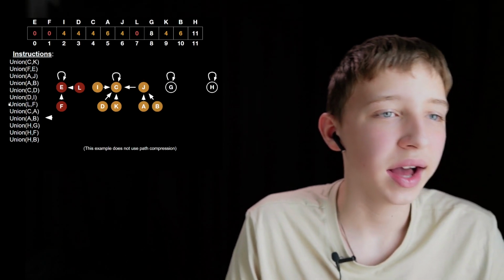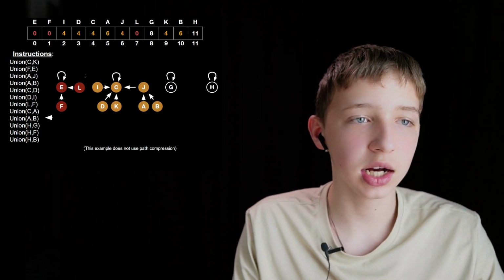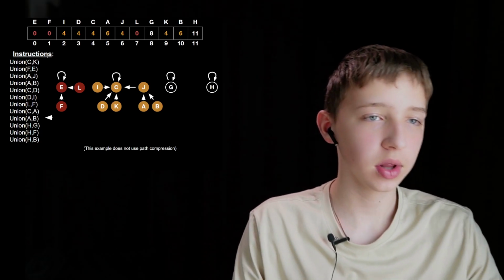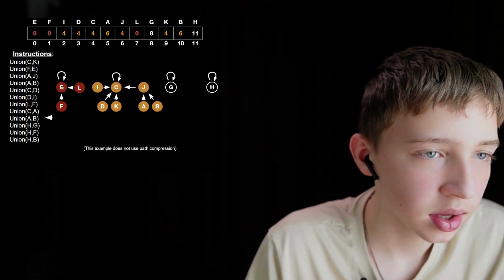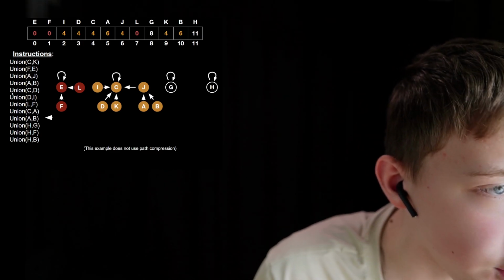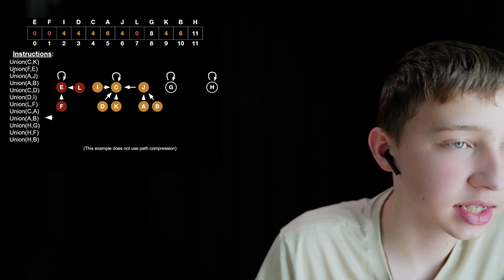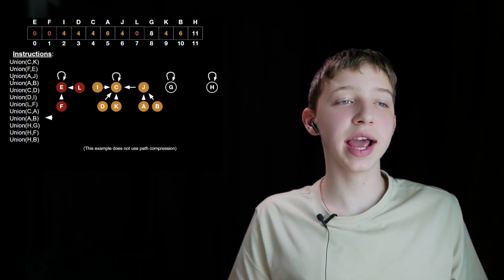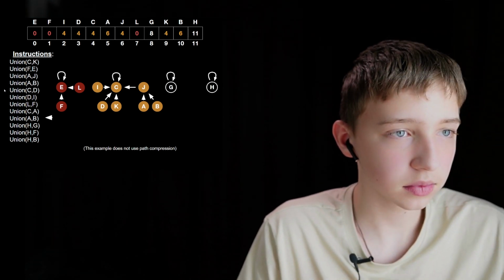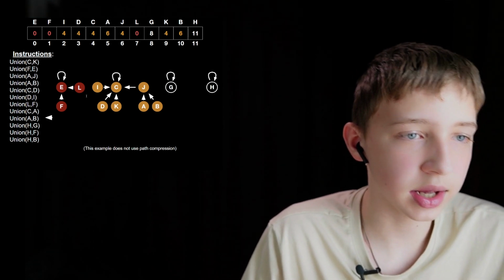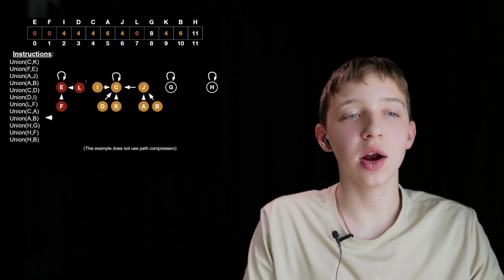Thank you. So, for example, now we want to unify A and B. If we go up and follow the parent nodes of A, the parent node of A is G, and the parent node of G is C. So here we reach the root node.